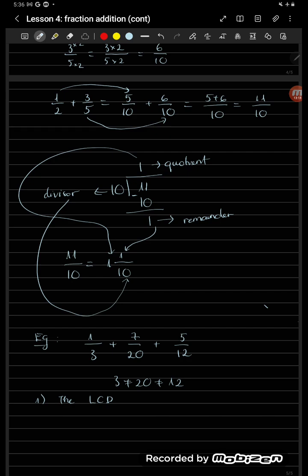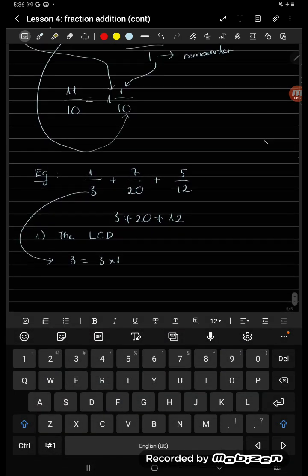The prime product method means we have to write each denominator of each fraction as a product of prime numbers. We start with the first denominator, 3. So 3 here is already a prime number, so we only need to write it as 3 times 1. And the power of 3 here is 1, and the power of 1 here is 1 as well.